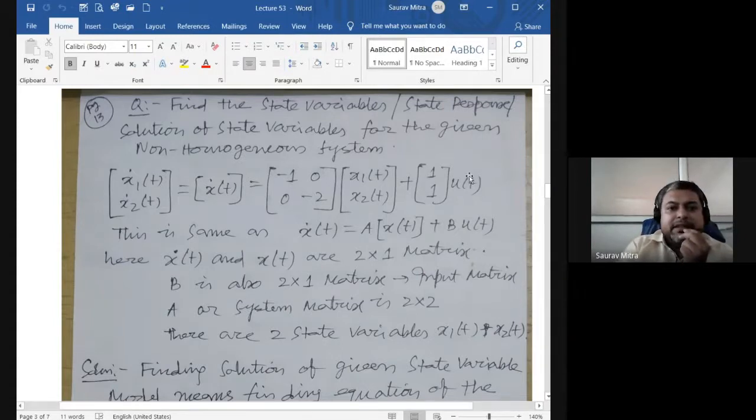In this case, it is given: find the state variable response or solution. We are supposed to find the equation of x1(t) and x2(t) from the state model given to you. You can see there is no y(t) matrix given. Only x dot t is equal to A x(t) plus B u(t) is given.